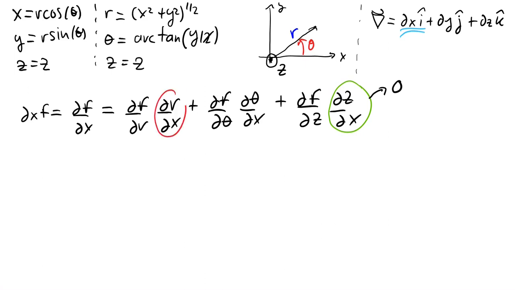Now, we want to calculate the derivative of r with respect to x and the derivative of theta with respect to x. We shall first calculate the derivative of r with respect to x. To do this, we use the expression of the inverted variables, and then when we have the derivative, we replace the expressions for the Cartesian coordinates in cylindrical coordinates.